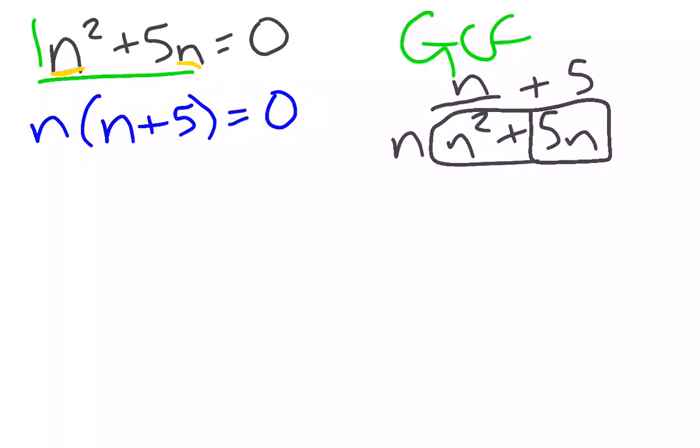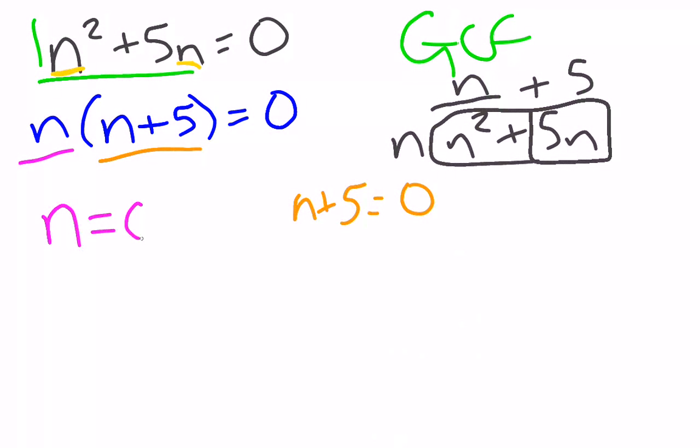And most of us will see that I have an n plus 5 to set equal to 0. But what have I not taken care of? n. So what am I supposed to do with that? Just write n equals 0. And all it means is when I get to this next step where I'm supposed to solve, this one is done. The end, amen. This one I need to solve and get n equals negative 5.